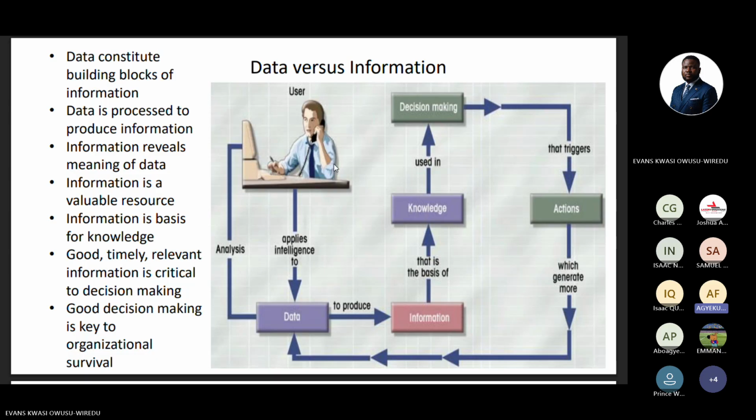Please come again with the question. So, I was asking, is it true that information reveals meaning of data? And someone said yes. So I was now asking, how do you think information reveals the meaning of data? Do you get me, sir?